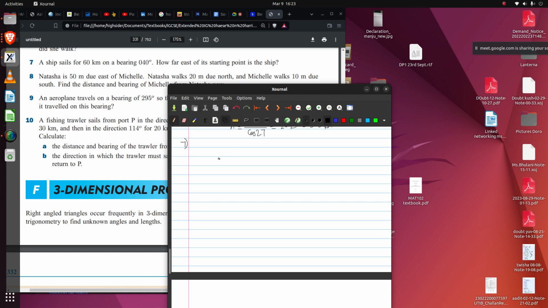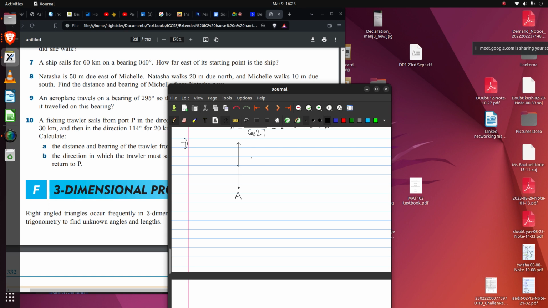Okay. So, a ship sails from some point A. How should you draw the diagram? This is your north, right?